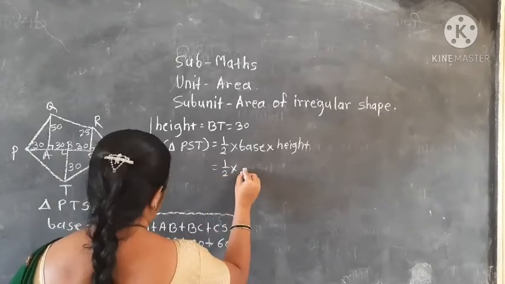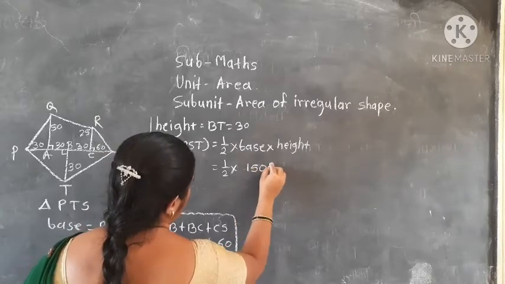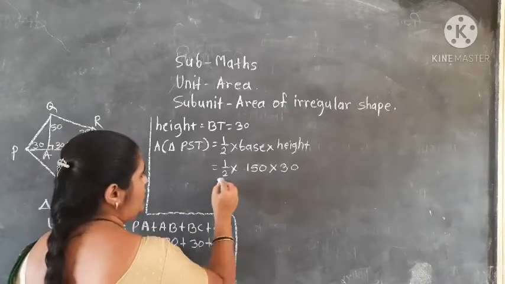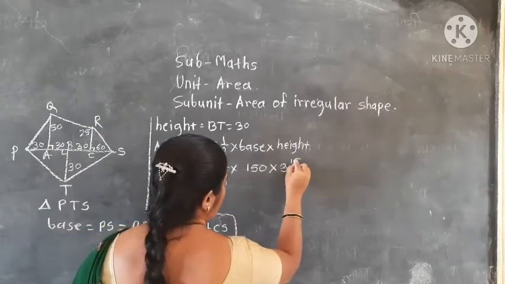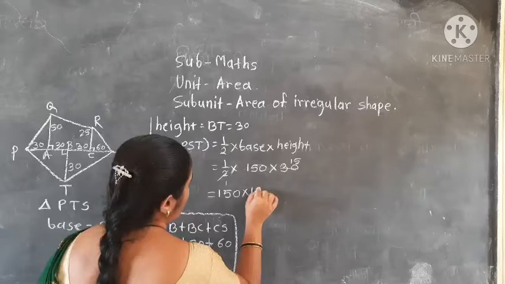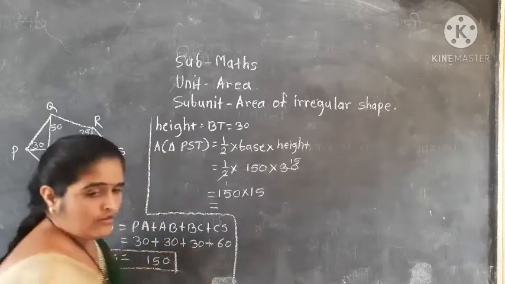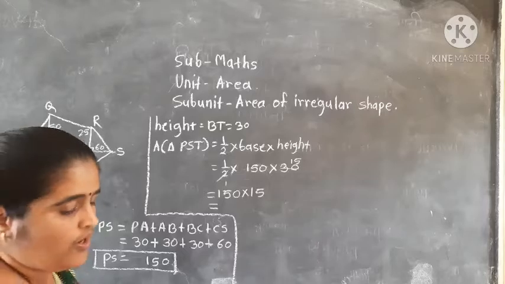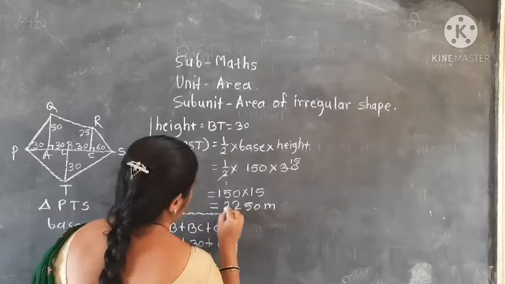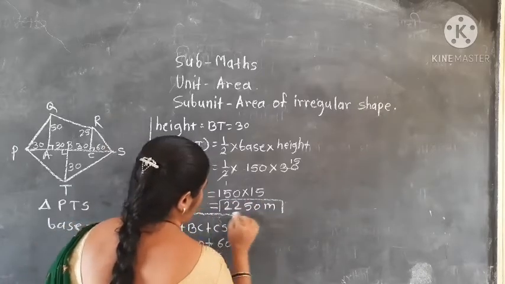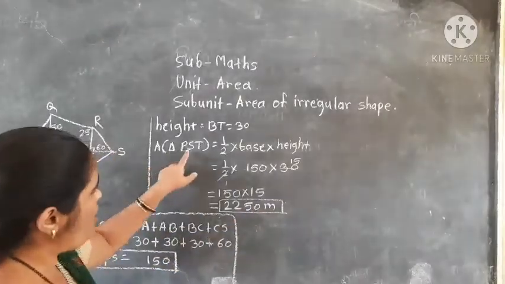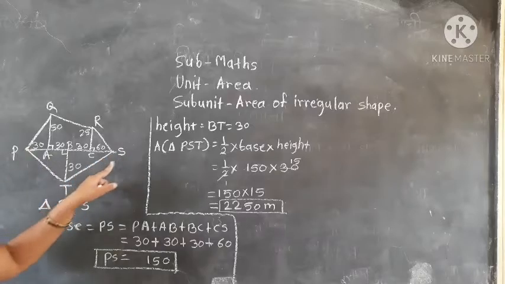The base is PS, 150 meter, into height 30 meter. We divide 30 by 2. Answer is 15. Write the remaining values, 150 into 15. What is the multiplication? 2250 meter. It is the area of triangle PST.